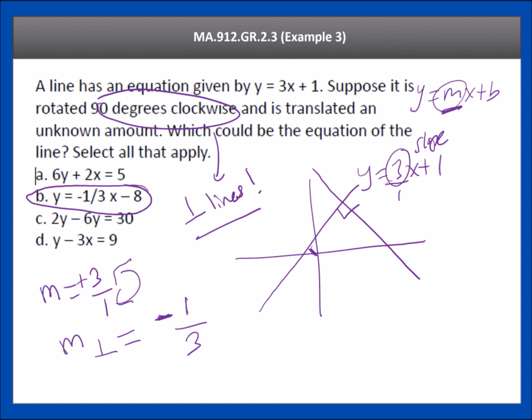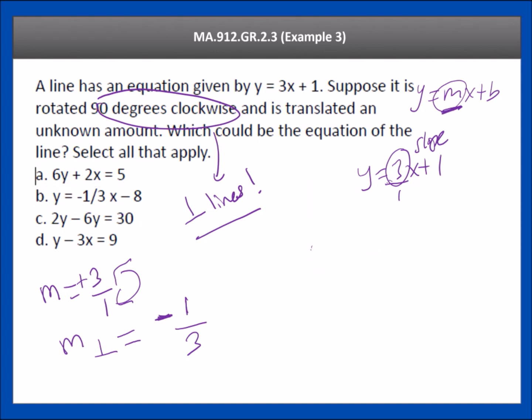So we need a line with a slope of negative 1/3. Well, that takes care of b, because we know that the slope is negative 1/3, because it's right there, y equals mx plus b. There are other possible answers though. So we know b is an answer. We need to see if a is an answer. So we're going to solve for y to see if we get a slope of negative 1/3.